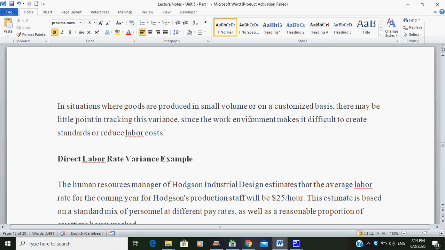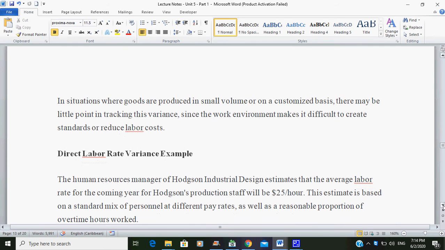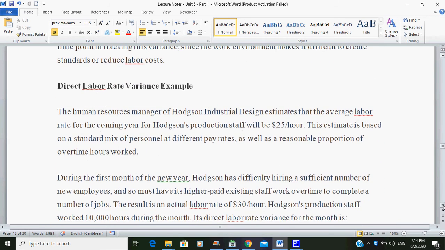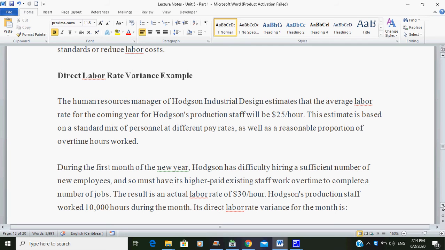The human resources manager of Hudson Industrial Design estimates that the average labor rate for the coming year for Hudson's production staff will be $25 per hour. This estimate is based on a standard mix of personnel at different pay rates, as well as a reasonable proportion of overtime hours worked.